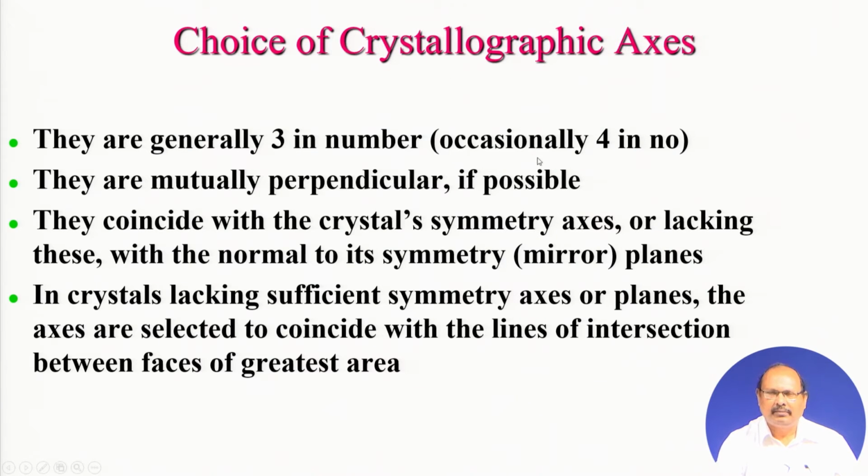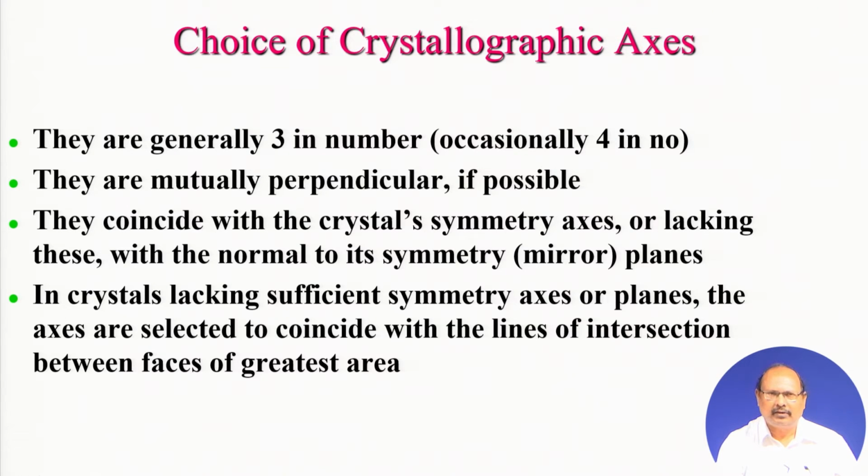If symmetry axes are lacking, or a sufficient number of symmetry axes are lacking, then the normal to the mirror plane that is present will be oriented as one crystallographic axis. In case of certain crystals belonging to certain crystal systems, they lack sufficient symmetry axes or planes.